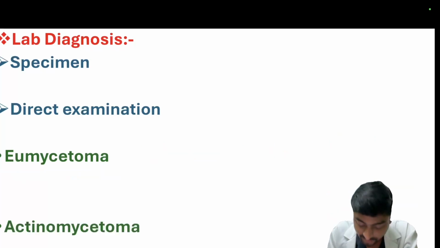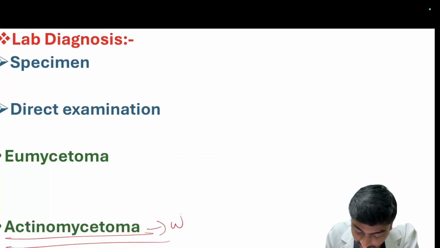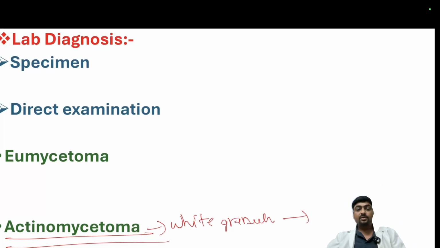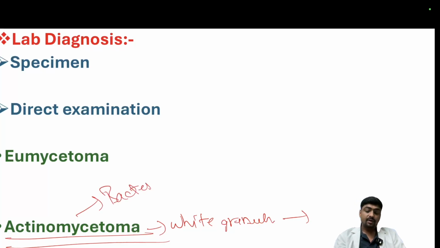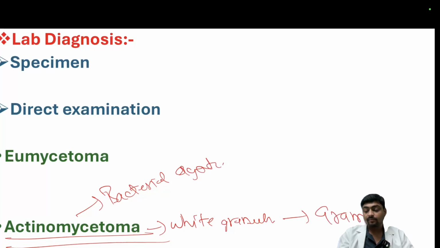In case of actinomycetoma, white color granules are seen. As we know, actinomycetoma is a bacterial mycetoma caused by bacterial agents. Then we can do the Gram staining.